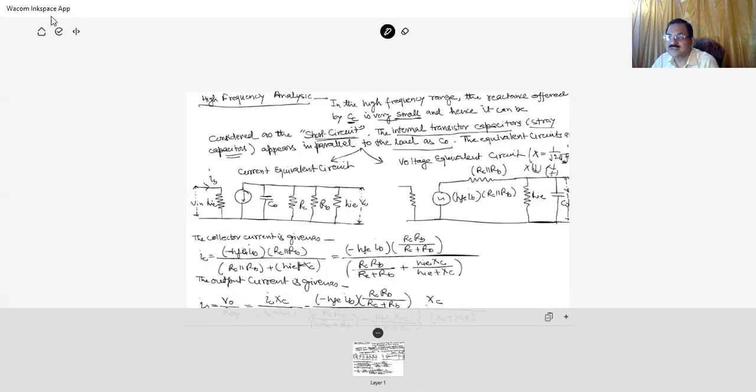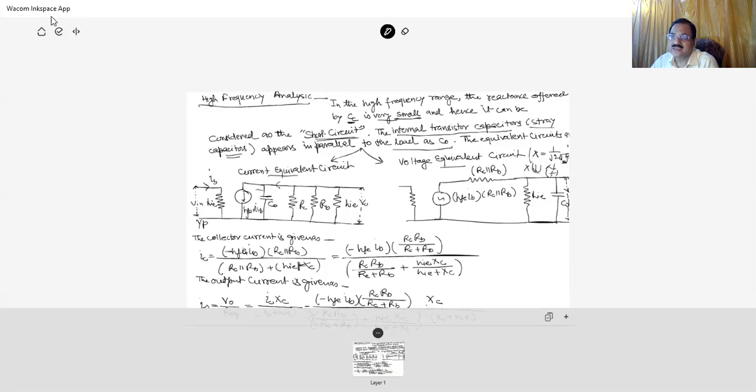The equivalent circuit, on the basis of the current equivalent circuit and voltage equivalent circuit, can be drawn as here. This is the input and here it is the output, that is HFE times IB.